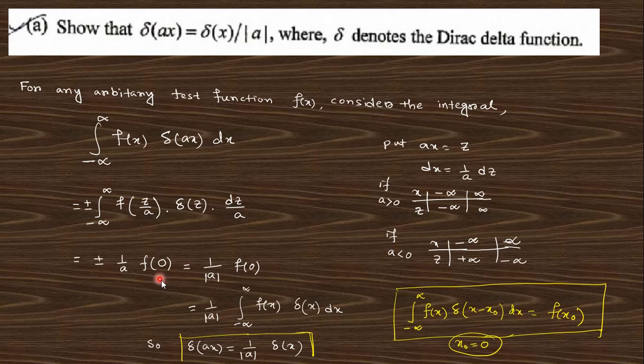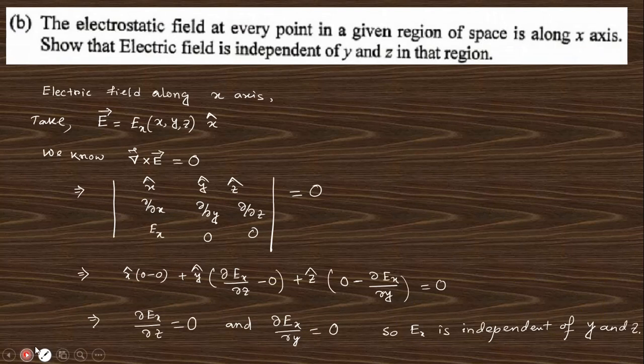So this is f of 0, and this plus minus can be taken as mod a, and this can also be written like this. If you take this consideration, finally we get this equation, that is delta(ax) equals delta(x) by mod a. Clear? Go to the next one.